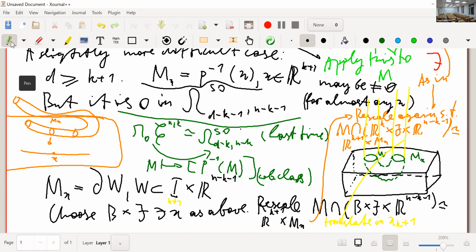Mx lives where? Mx lives in the last coordinate. So okay, so we have R^k cross (0, 1) cross Mx.